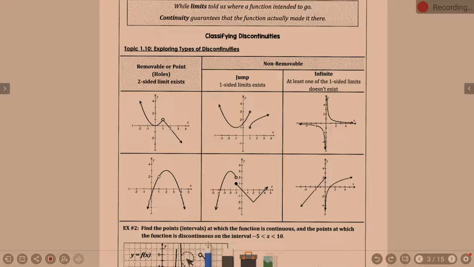On a side note, one thing I want to mention here: this could also, if the point exists somewhere else, that also falls into this category.